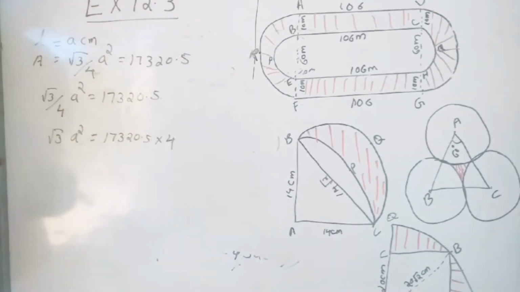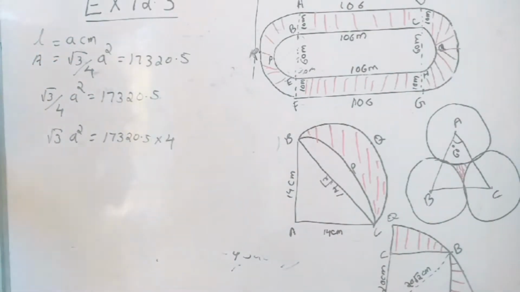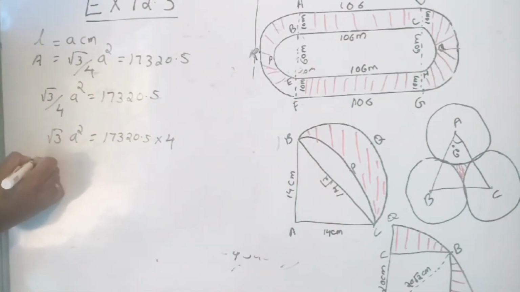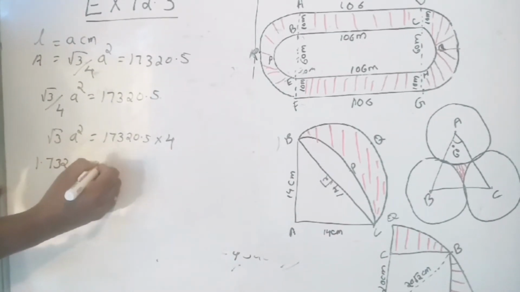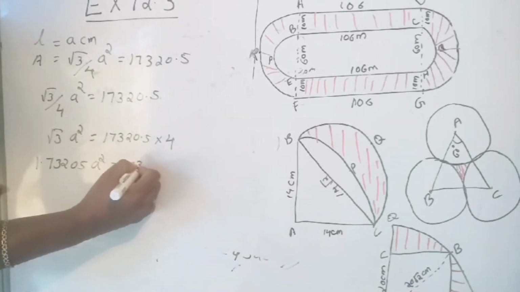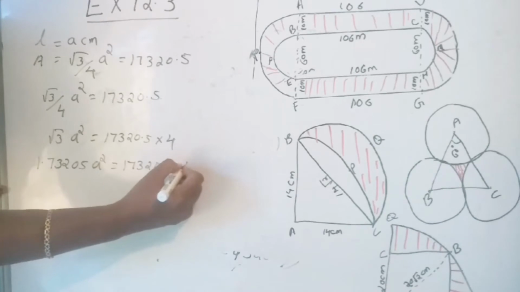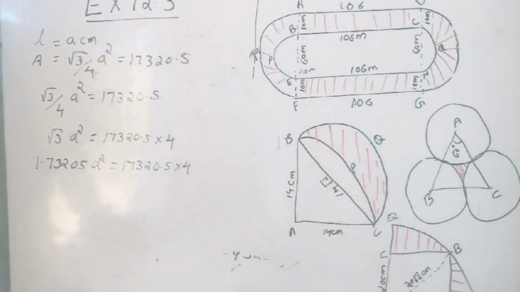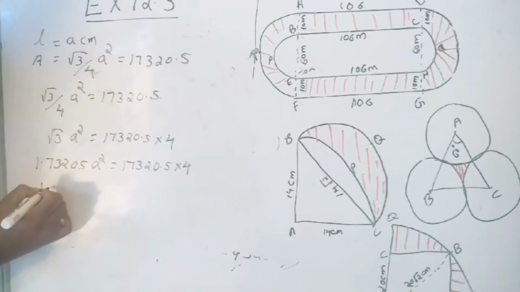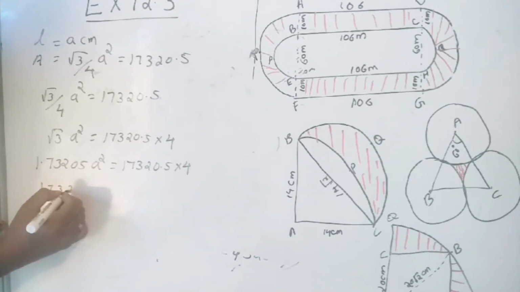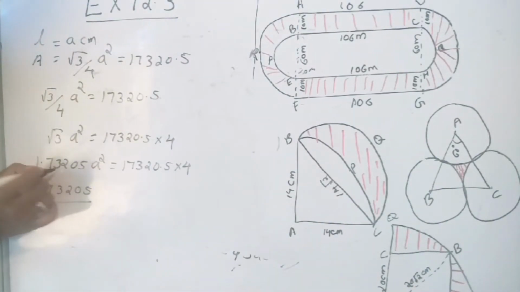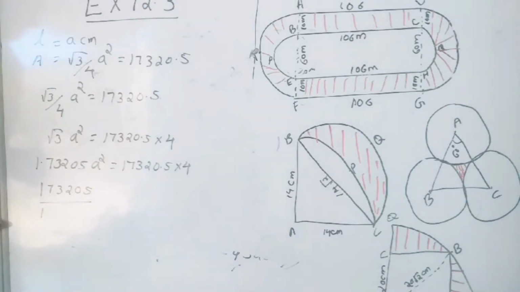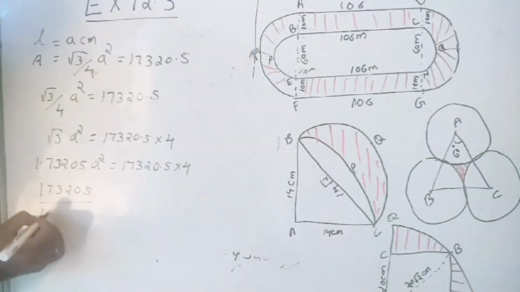Root 3 by into A square is equal to 17320.5 into 4. The value of root 3 is given in the question, so just substitute that value, 1.73205. A square is equal to 17320.5 into 4. Now we can write this as 17320.5 divided by 1 followed by 5 zeros, since after the decimal point in 1.73205 we have 5 places.